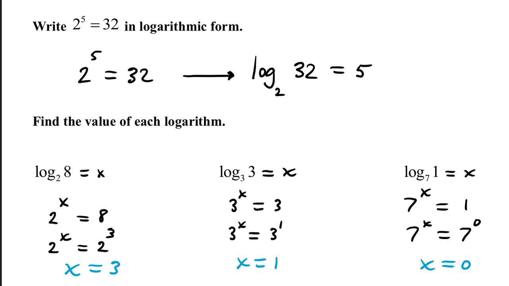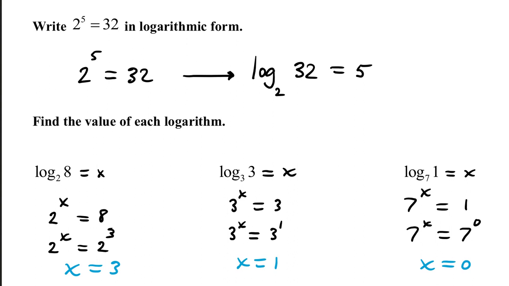Middle example, log base 3 of 3. Set that equal to x because we're looking for the power of 3 that's equal to 3. Well, since 3 can be written as 3 to the first power, we know x has to be 1.